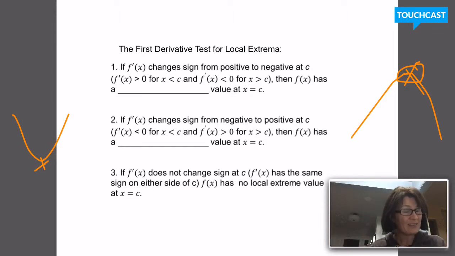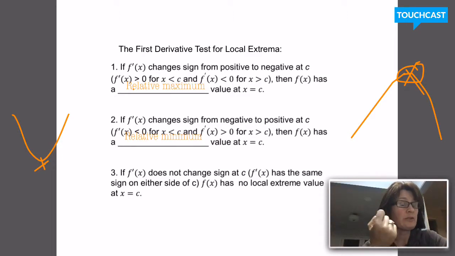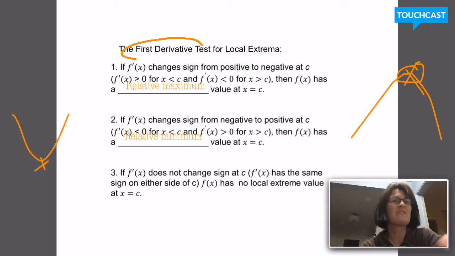If I have a hill or a valley, it happens at a critical point, but just having a critical point is not enough. So I'm going to fill in this with a typewriter. It's called the first derivative test for local extrema because you can tell about the local minimums and local maximums of a function by investigating the first derivative of a function. So to find relative extrema of f, we're going to find out where f prime changes sign.